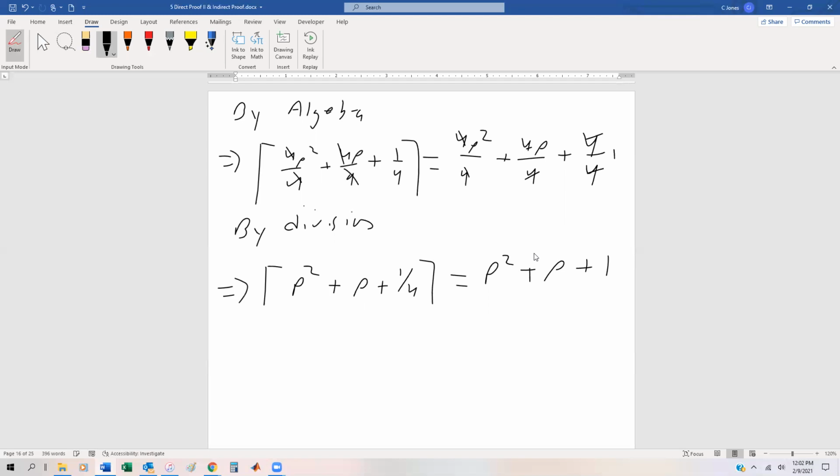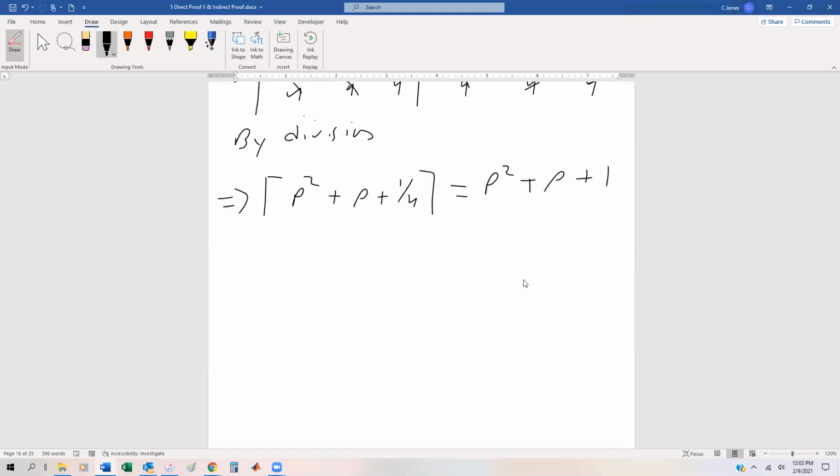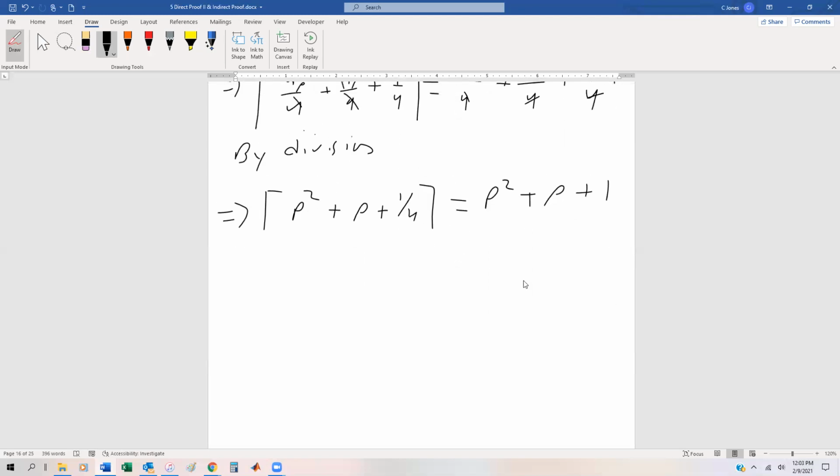Now, think about this for a moment. P is an integer. So that means you have an integer plus a quarter. So wouldn't that mean, let's say that right here is p squared plus p plus a quarter on the number line.